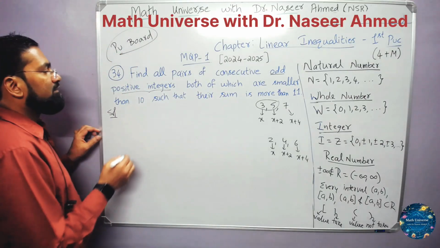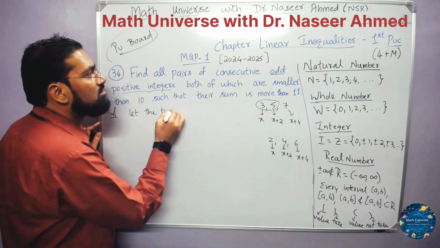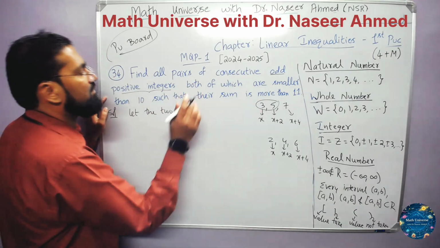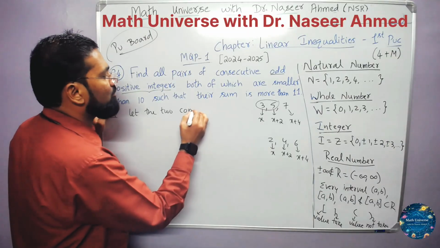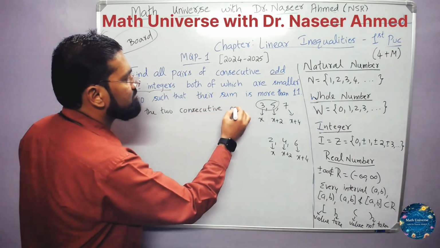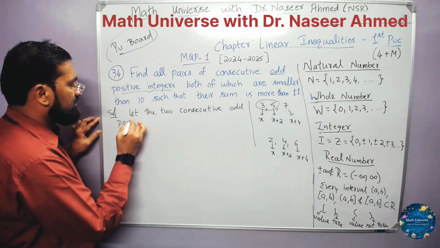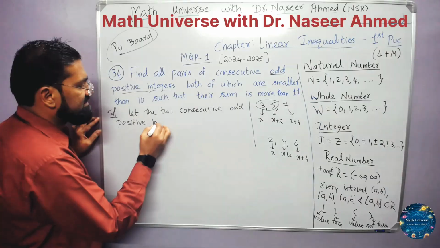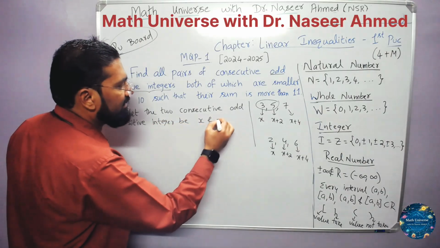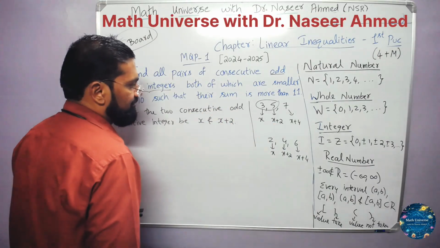Okay, so they want a pair of consecutive odd positive integers, so let the two consecutive odd positive integers be x and x plus 2. The logic, I hope, is clear from here.